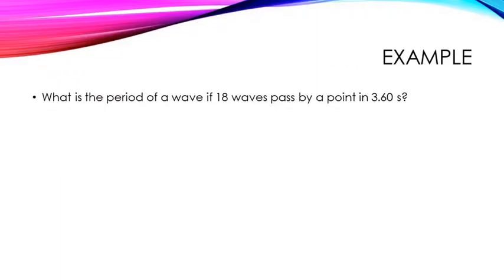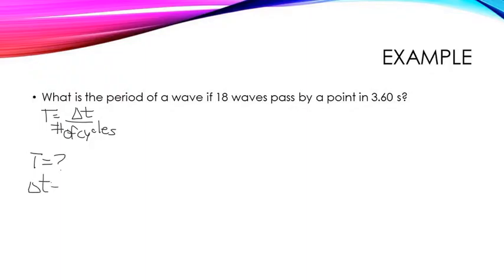What is the period of the wave of 18 waves that pass a point in 33.6 seconds? Okay, same thing. Our period equals our change in time over our number of cycles. Knowns and unknowns, we're looking for the period.